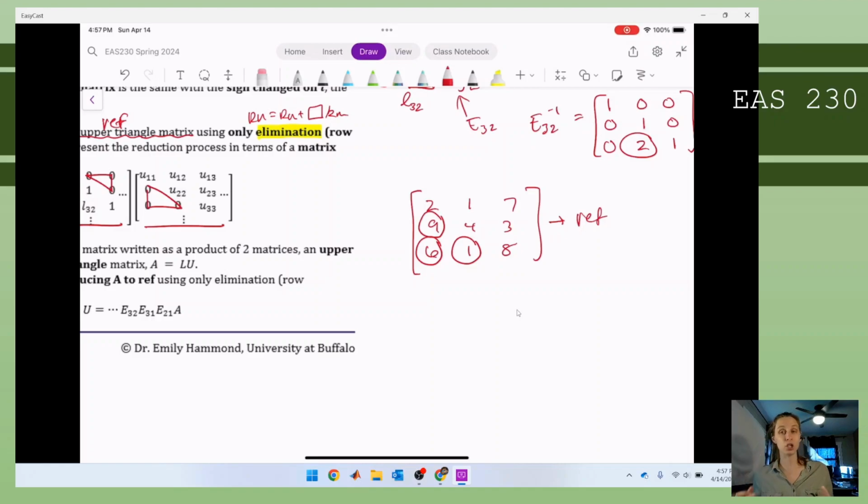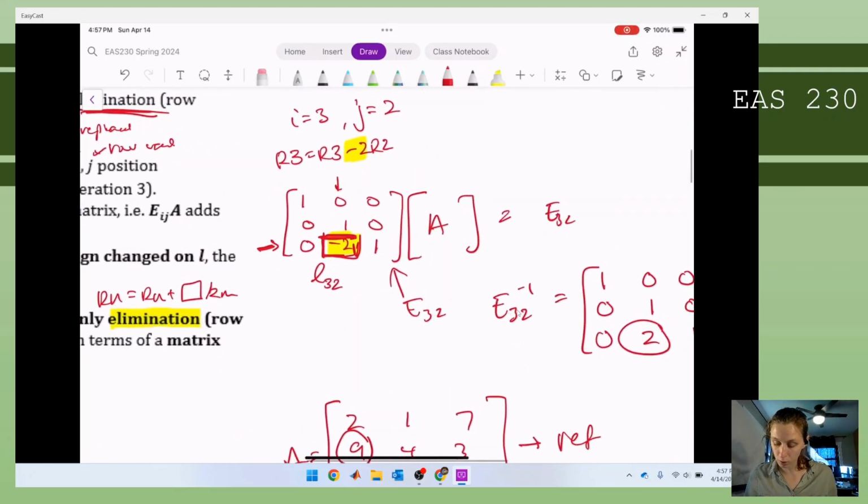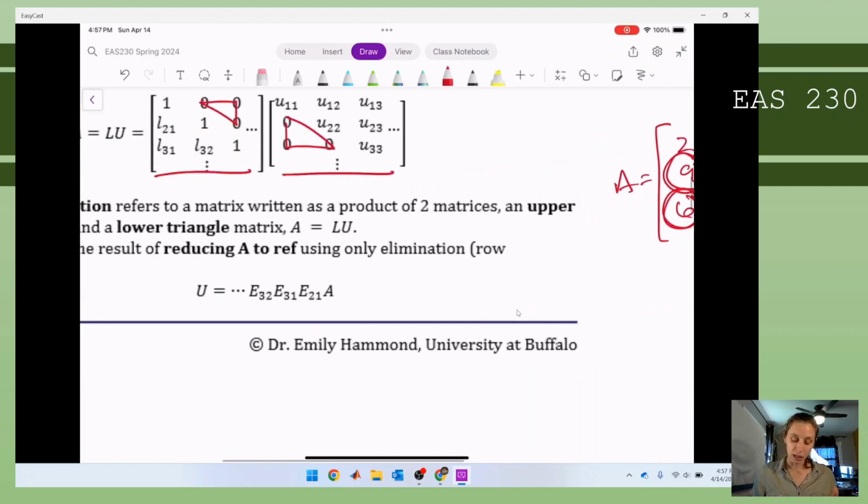When I do an elimination step, it appears as if I am multiplying my A matrix by an elimination matrix, like I set up here. If I take E32 times A, it's going to perform this row operation. So, since I need 3 elimination steps, I can represent those 3 elimination steps as 3 elimination matrices. And we will call them E32, E31, and E21.